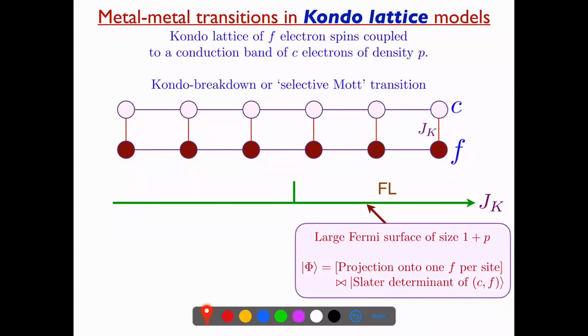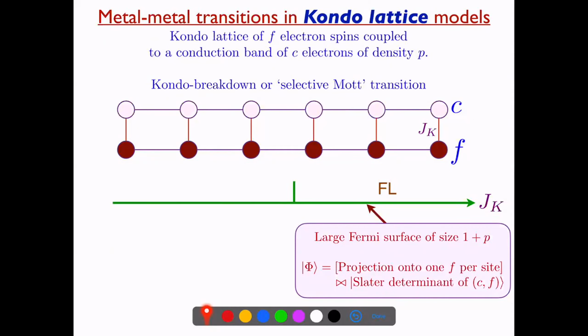So I can get rid of that by just dropping those components of the wave function. So that's a projection onto one F per site. And the understanding is that when you do that self-consistently, you get this heavy electron Fermi liquid. But the important point is you get a metallic state in which the density of carriers is 1 plus p. The 1 comes from the F, and the p comes from the mobile electrons. Okay, so that's what's called the heavy fermion state.